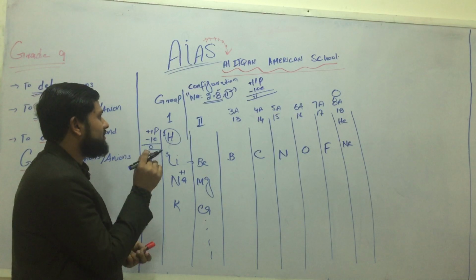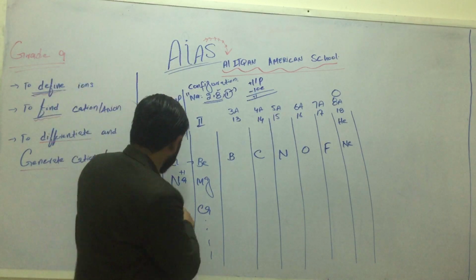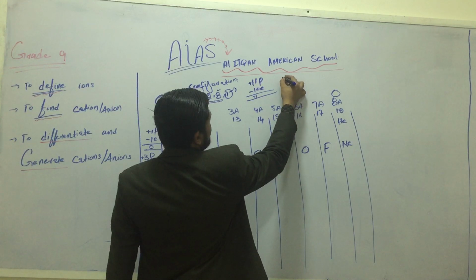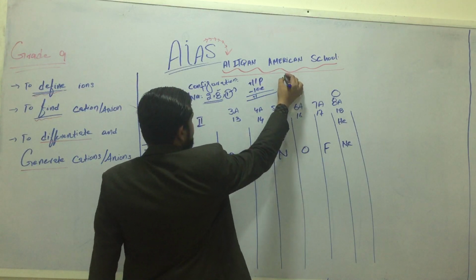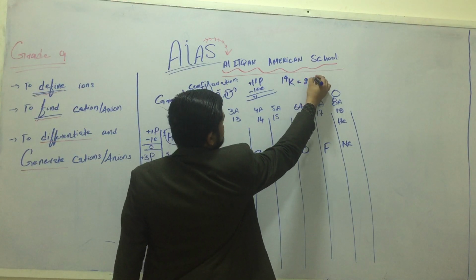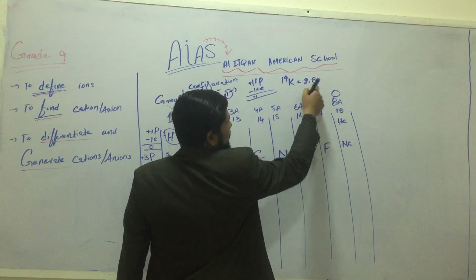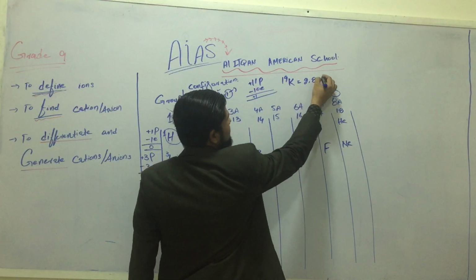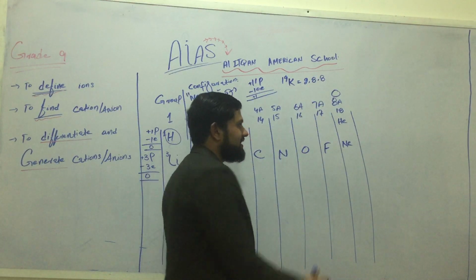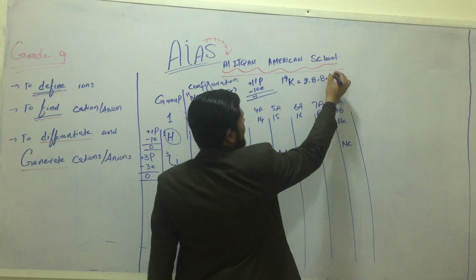How? Let me just give you one more example, please. For example, potassium. Potassium atomic number is what? 19. Okay, in first shell, 2, then 8, 2 and 8, 10, again 8, 2 and 8, 10, 10 and 8, 18. Yes, and last one, again one.